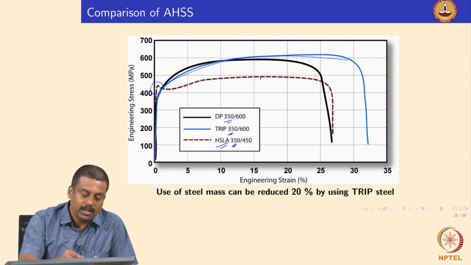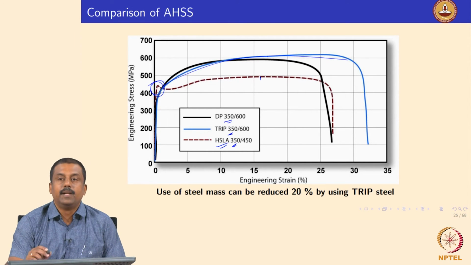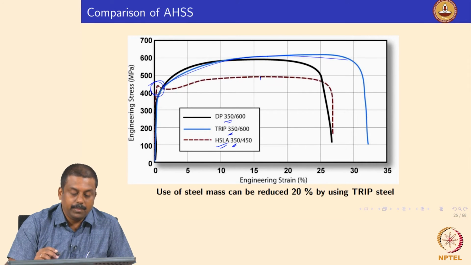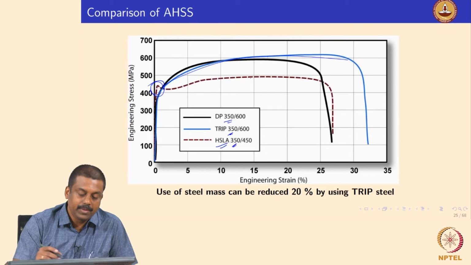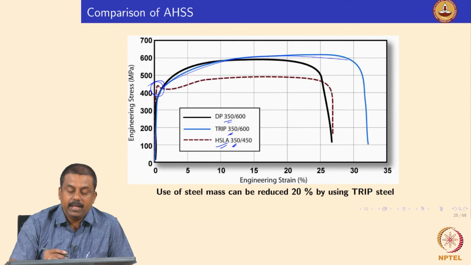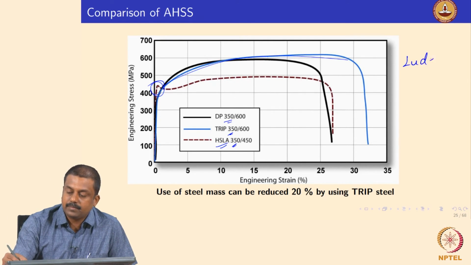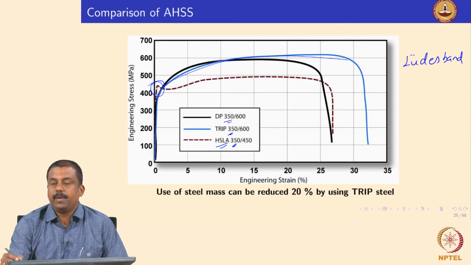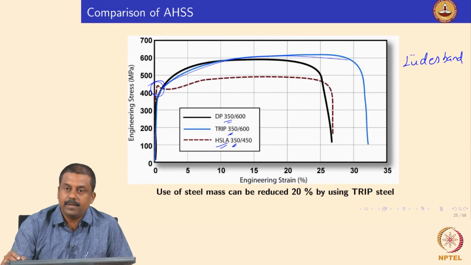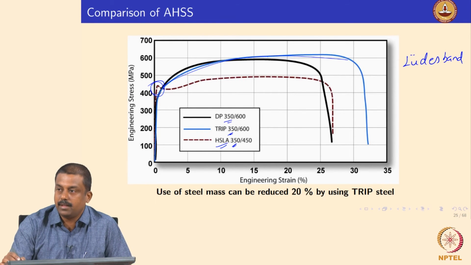So, this is considered not acceptable or not beneficial, especially if the material is formed, deep drawn or stretched to make auto components, because you will end up forming what you call a Luders band. Luders band formation significantly affects the surface appearance of the components that are stretched or formed.